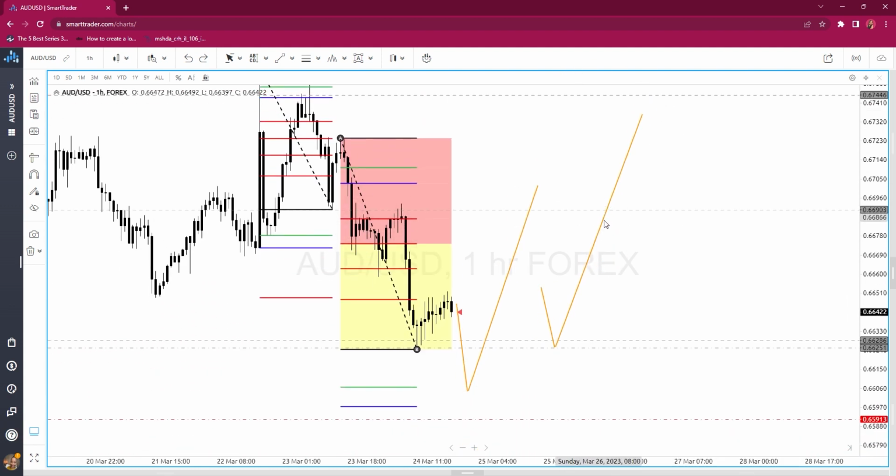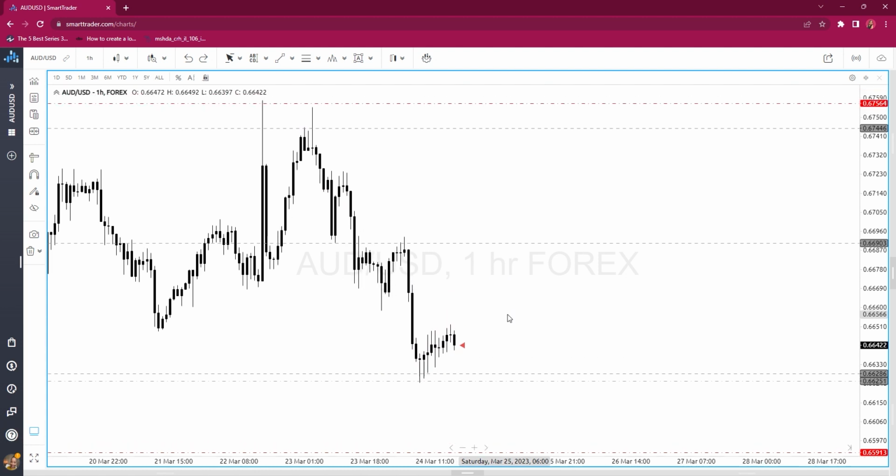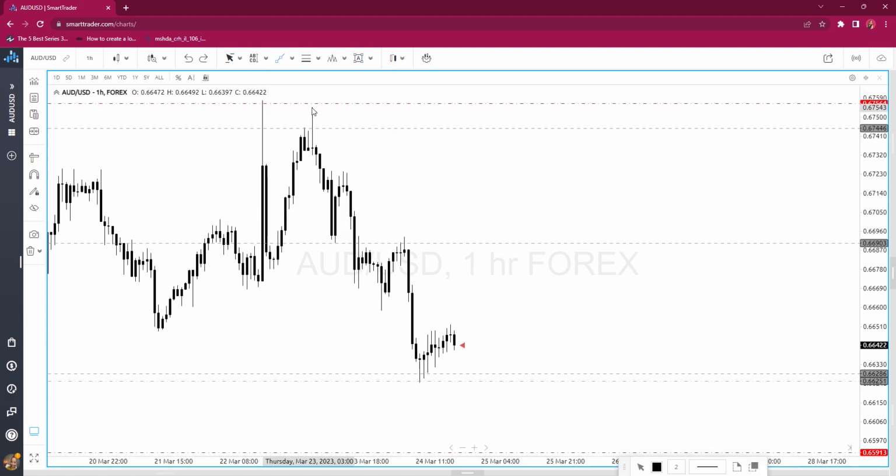But what I would do, if I'm looking for buys, is I'm looking for a break to the upside. Sorry, y'all. Let me get rid of this fib too. And it don't look like we got that right now. And let me change this.